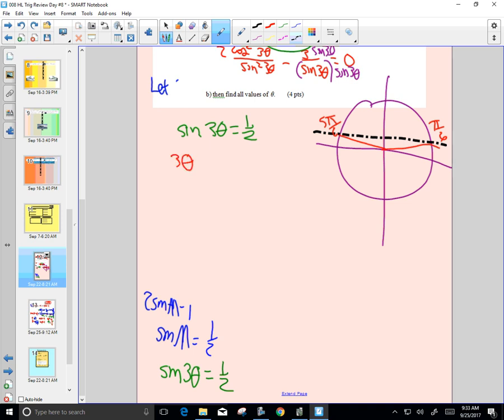So 3 theta is equal to pi over 6 plus 2 pi k, or 3 theta is equal to 5 pi over 6 plus 2 pi k. Then I think you want to divide by 3, don't you?